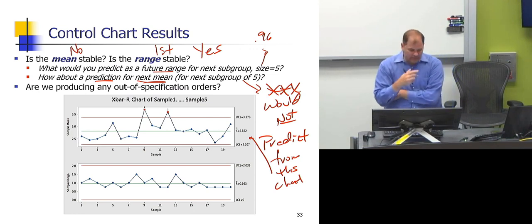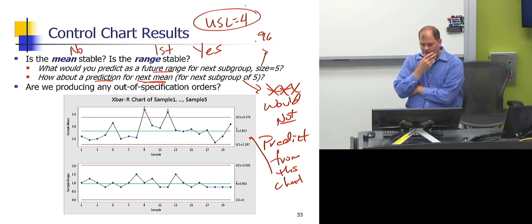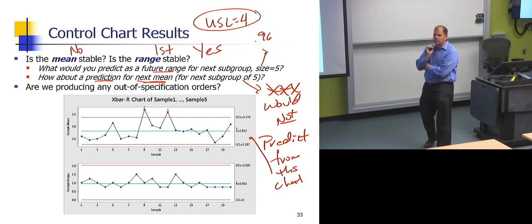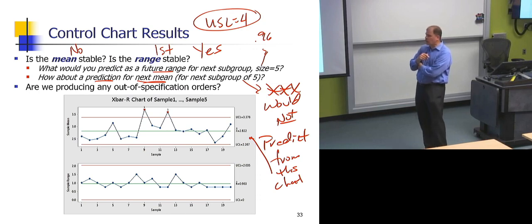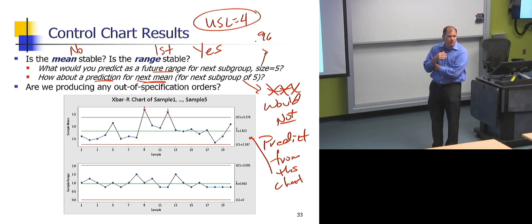What was my USL? Four. Are we producing any out of specification orders? This is the classic trick question that every professor will ask you in your life. But it's a trick question. Why is it a trick question? You can look at that X bar chart and you can notice that none of those sample means are above 4, but what's the problem?